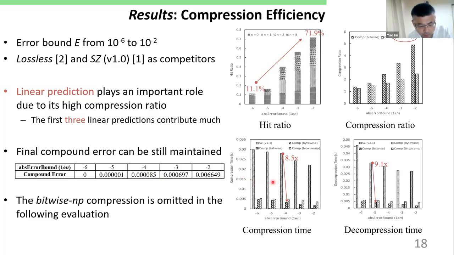And here we can see for the compression time and the decompression time, the proposed lossy compression techniques show the advantage over the SZ, which is the state-of-the-art compression technique.